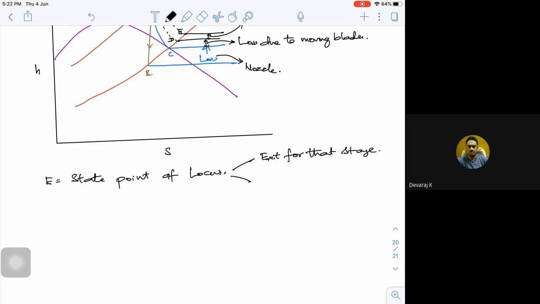For the next subsequent stage, this becomes the entry point. E is the exit point for that particular stage, but E becomes the entry point for the subsequent stage.